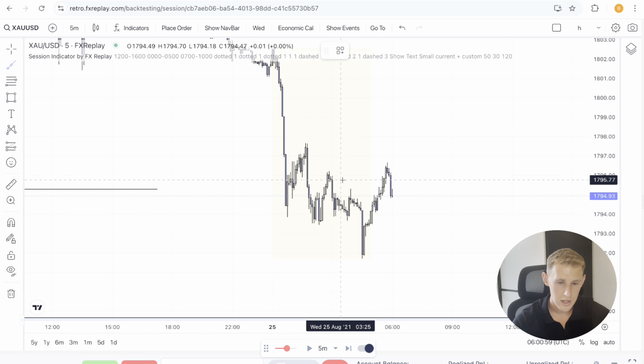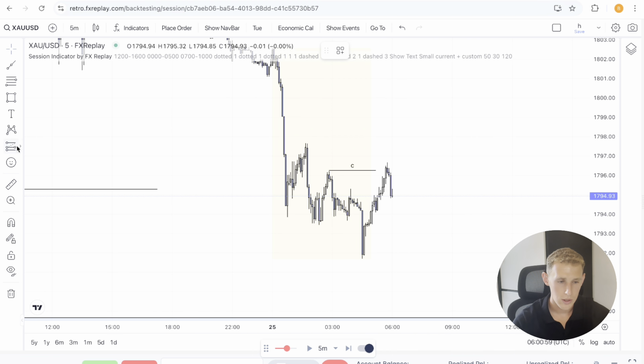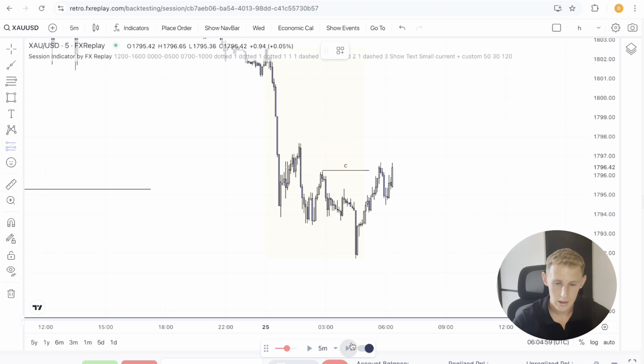So we have just seen a change of character after that low was taken. We don't have any imbalance here though, so this isn't quite valid for me.